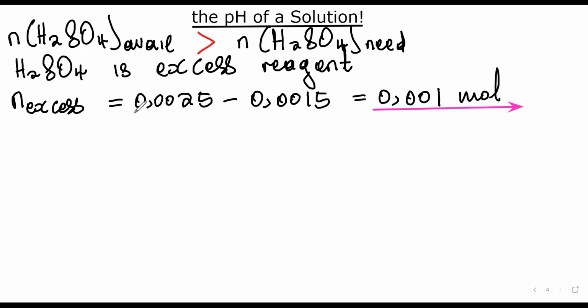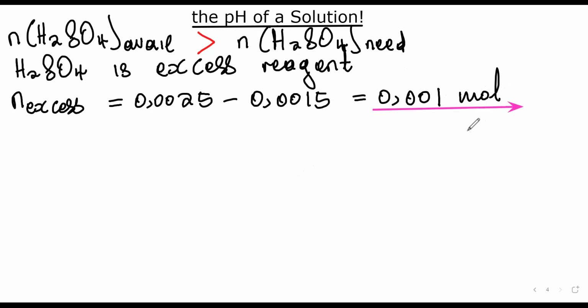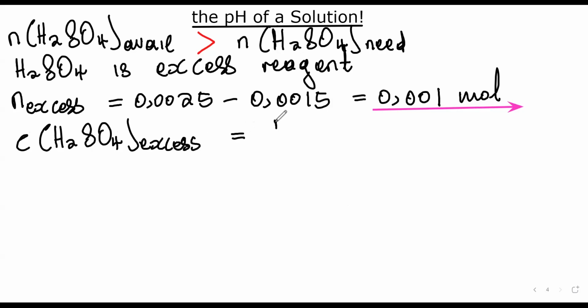Now we know the excess moles, then we need to know the concentration of these excess moles. The excess concentration, which is what we found in the previous two questions, those that were for 8 marks. So the concentration of the acid, which is in excess, of course, is still equal to the number of moles divided by the volume.